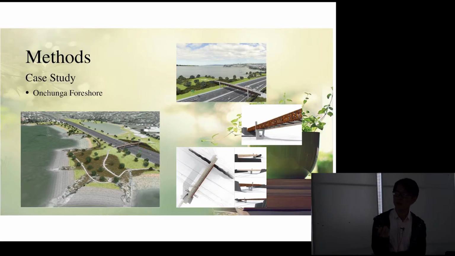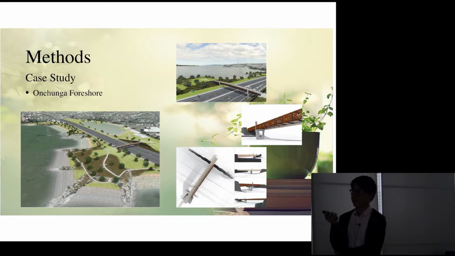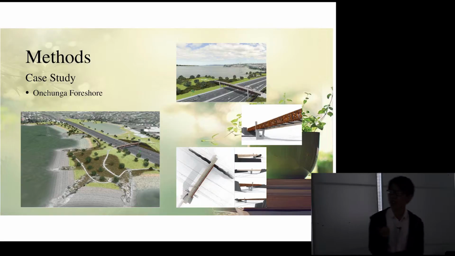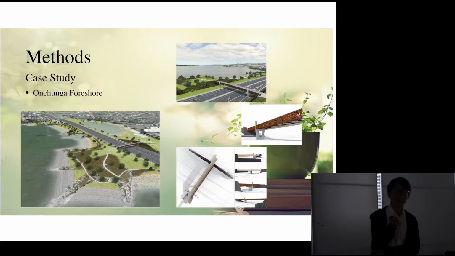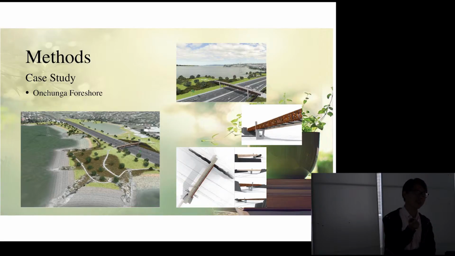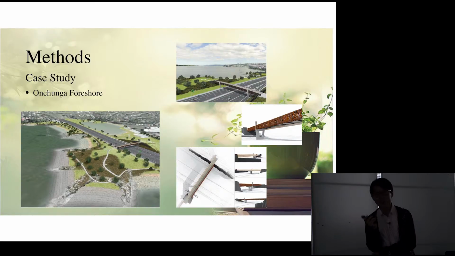Okay, the first case study should be the Onehunga foreshore. Actually, the access was cut by State Highway 20 for nearly 30 years. And the Auckland Council and NZTA want to solve this problem.